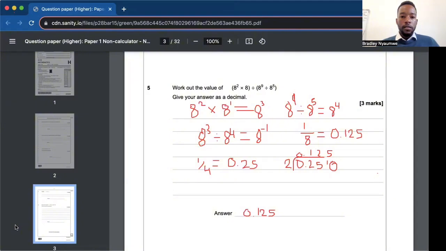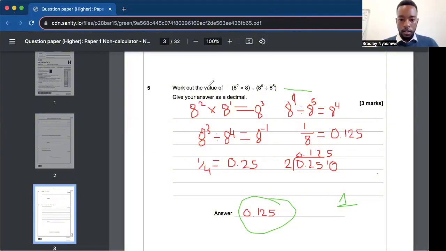Now, it's very important that you do all this working out, and I'm going to show you why that's very important. Let me just change the color of my pen. Let's go for green. If you had just written this answer, that is 1 mark. You don't get the 3 marks. Simple as that.